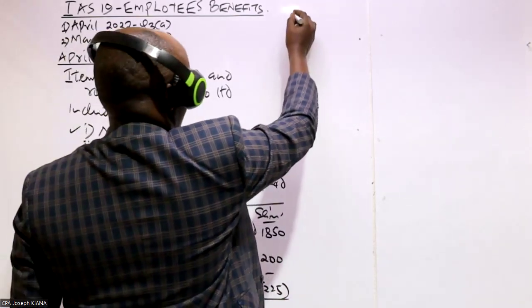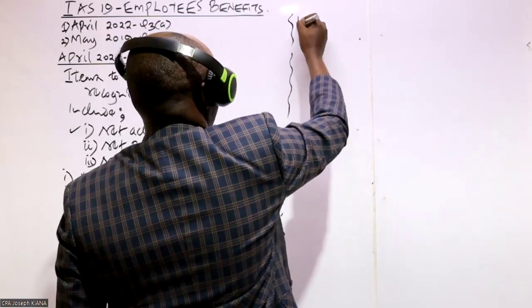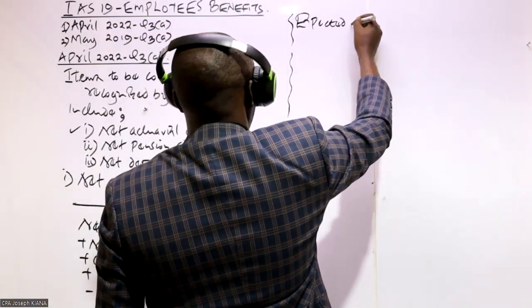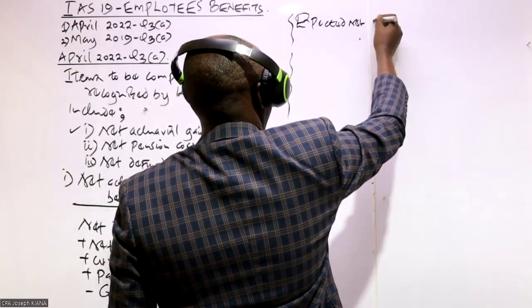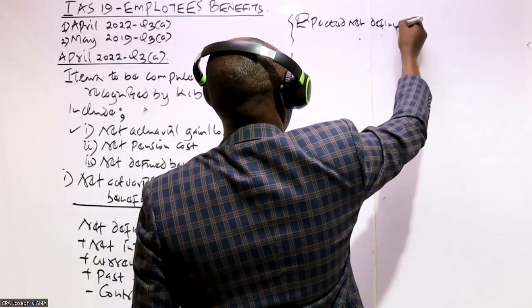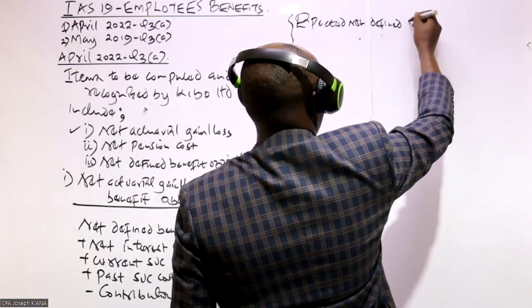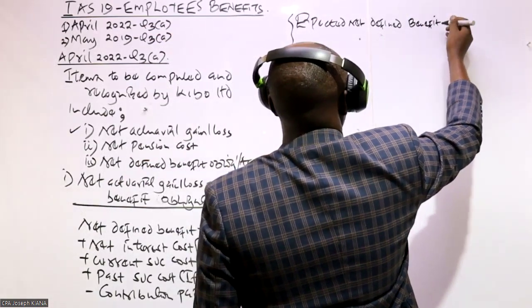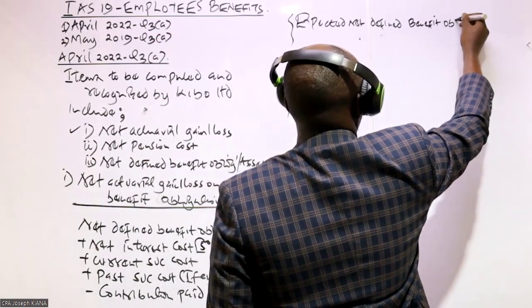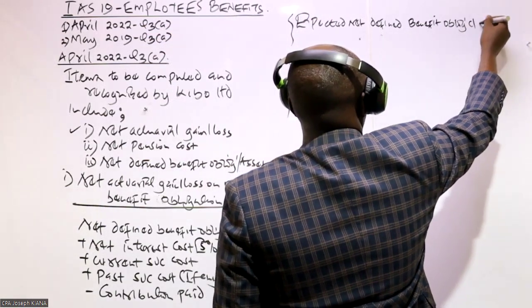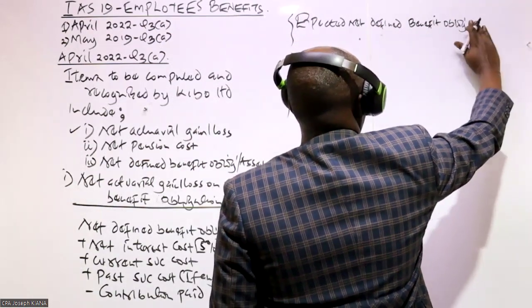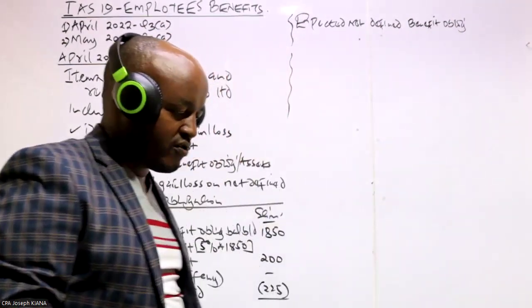And after doing that, we will get the expected net defined benefit obligation at the end of the year.